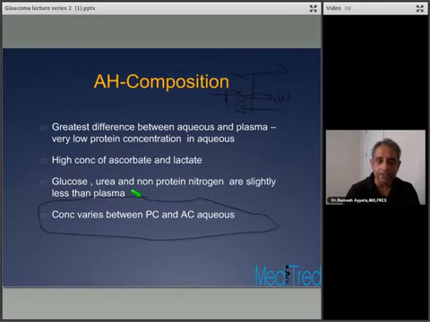The composition of the aqueous varies between the posterior chamber and the anterior chamber, simply because aqueous in the posterior chamber is giving off nutrition to the lens, picking up waste products from the lens, and from there, as it escapes into the anterior chamber, it has a little bit more waste product and a little less nutrition, one would assume, because of the donations it has made and the collections it made from the lens.